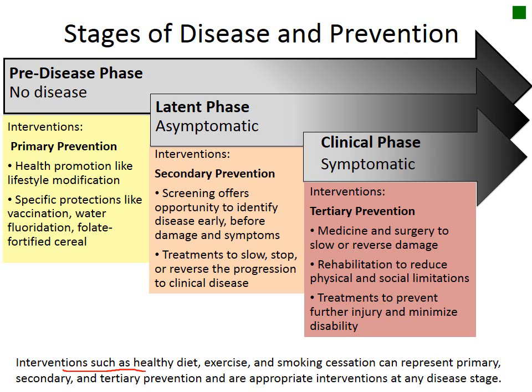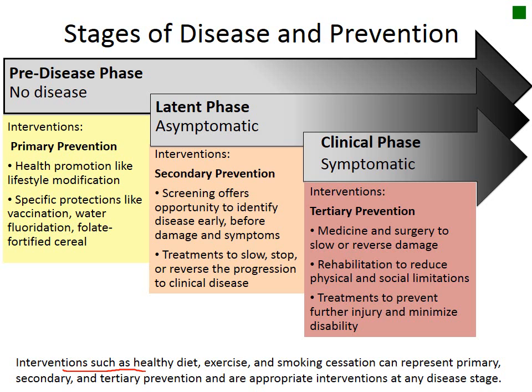Similarly, in secondary prevention, a screening can certainly slow, stop, or reverse the clinical progression. And then lastly, in tertiary prevention, there are treatments to prevent further injury and minimize disability, which we'll go into further in the next several slides.